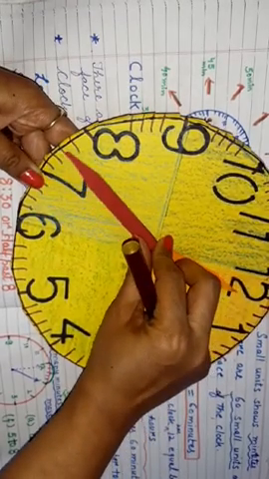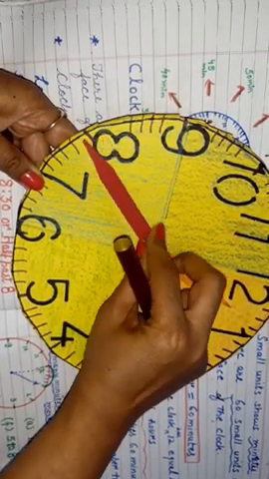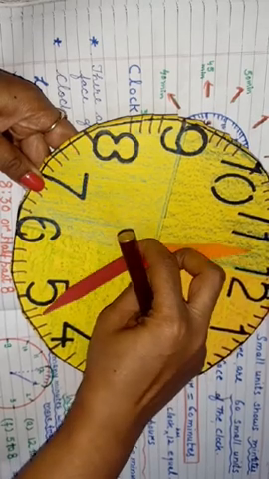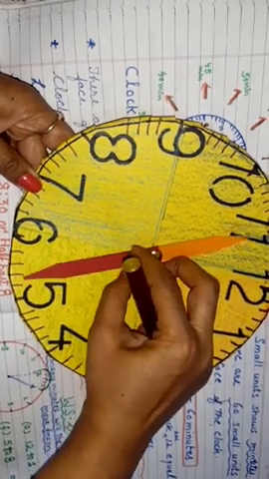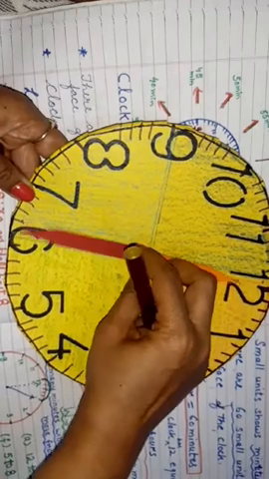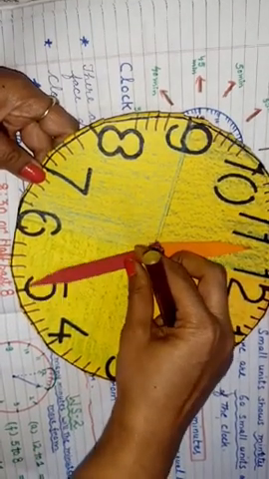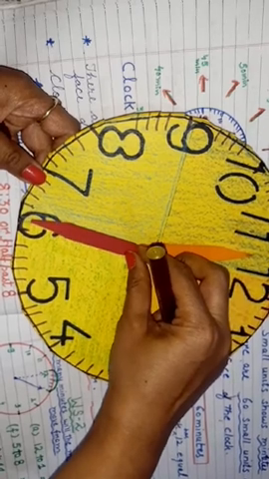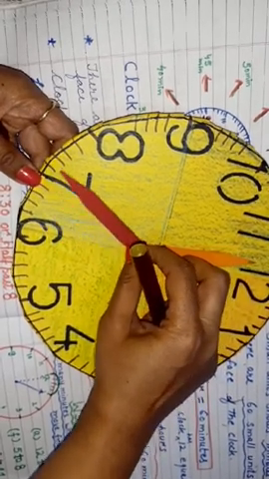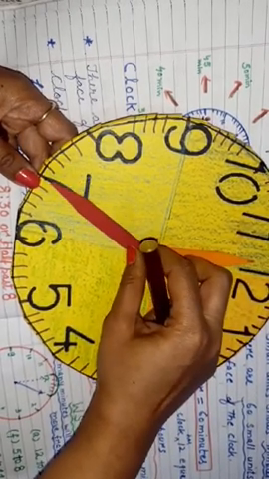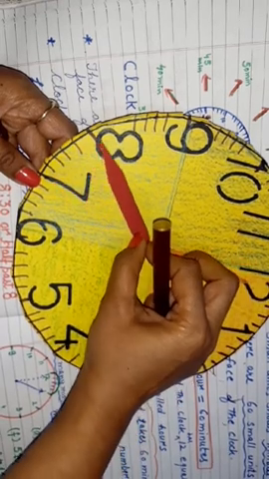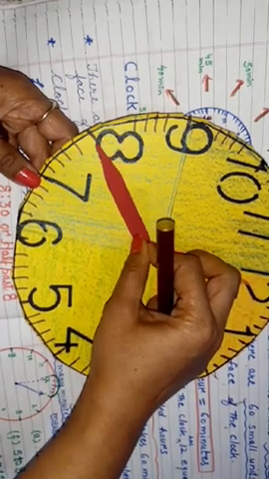Only the minute hand you have to watch. Earlier it was at 5, now it is at 8. How many minutes did it cover? Let us count. From 5 to 6, it's one jump. Then 6 to 7, again, 2. And then 7 to 8, it's 3 jumps it took now.